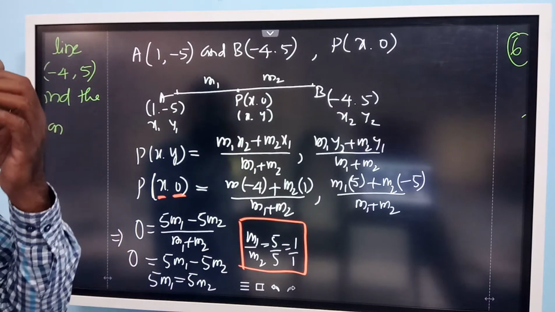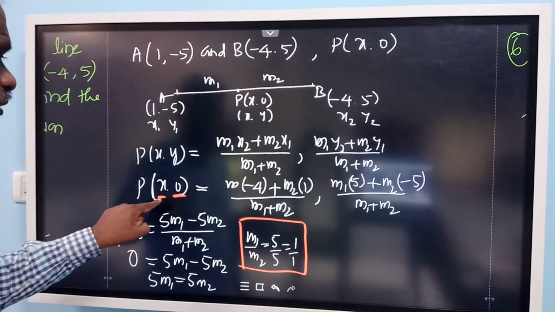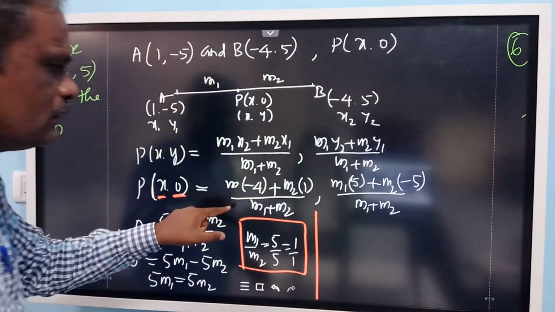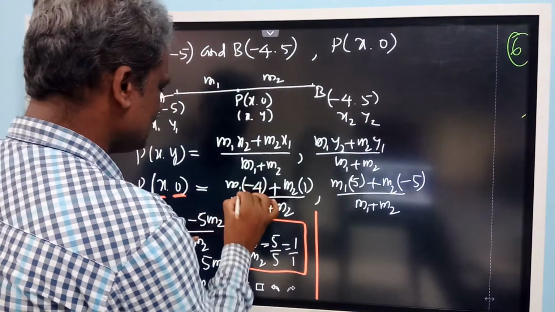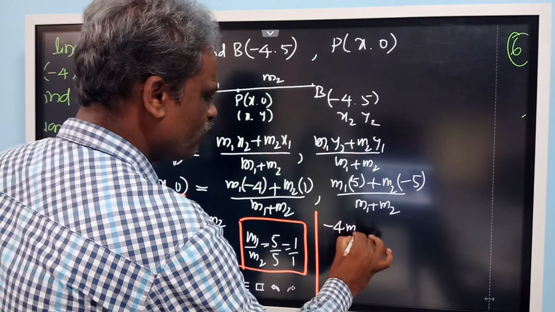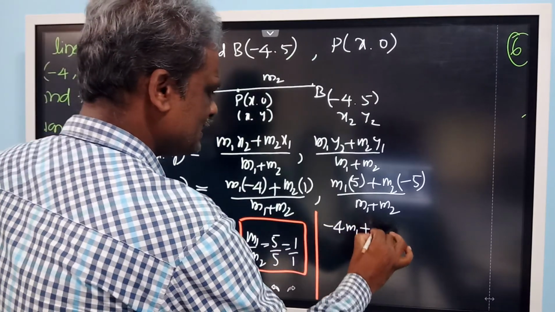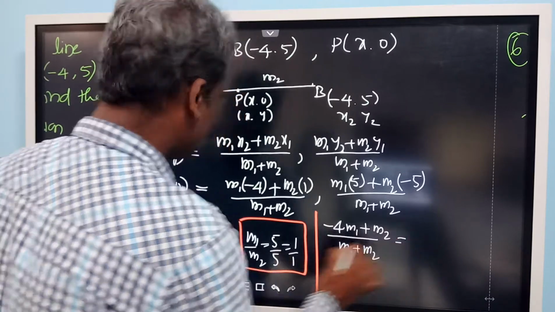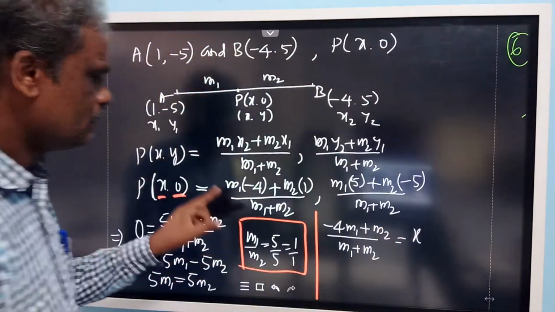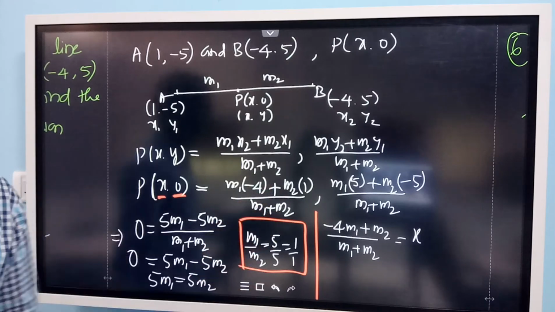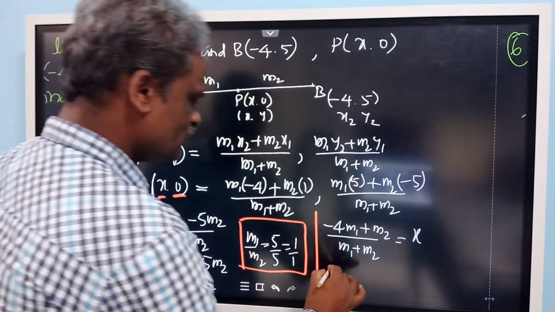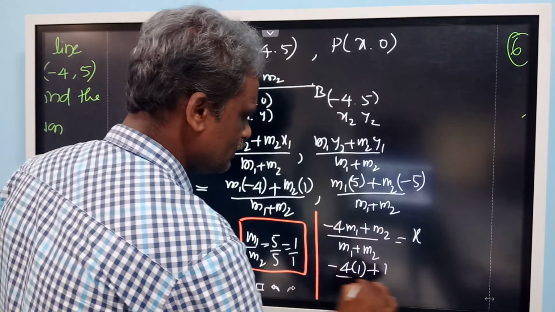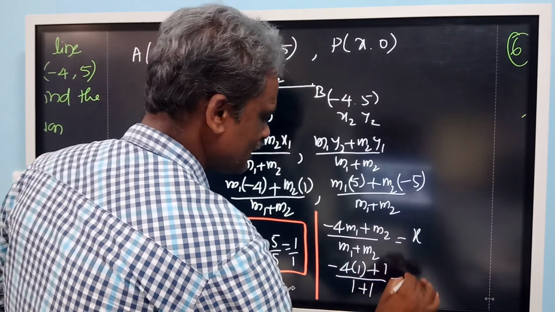Now you have to find the x value. So x is equal to (-4m1 plus m2) divided by (m1 plus m2), using the x-coordinate expression. Now substitute: -4 into 1 plus 1, divided by 1 plus 1, is equal to x.